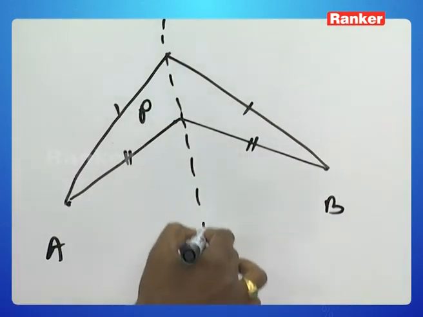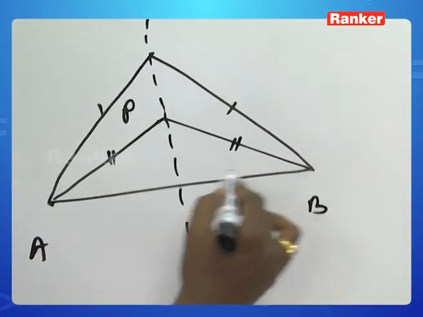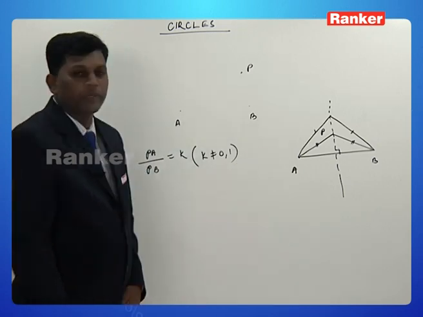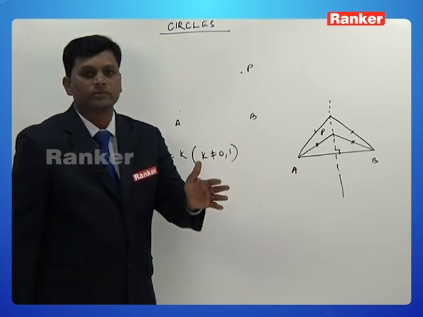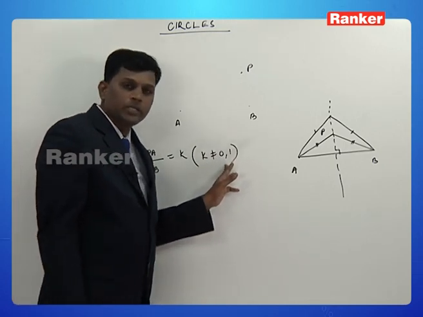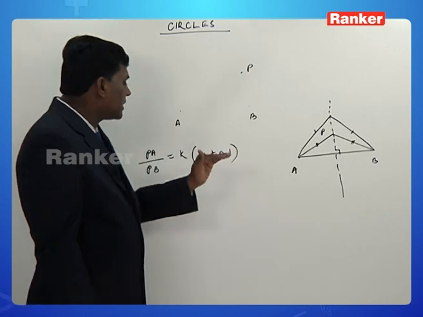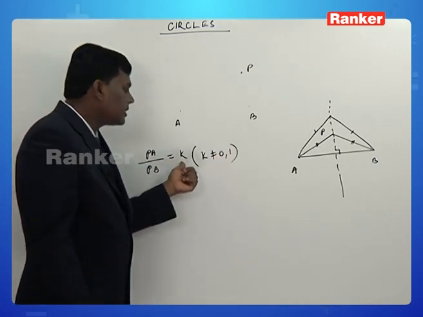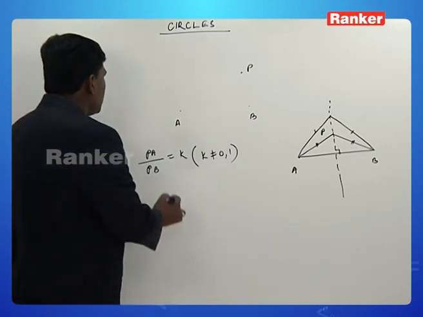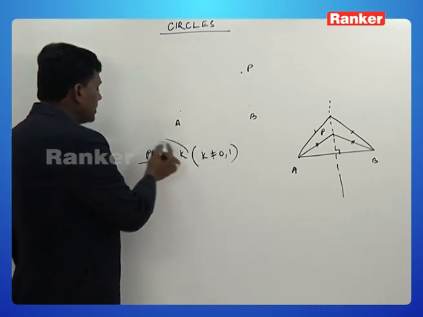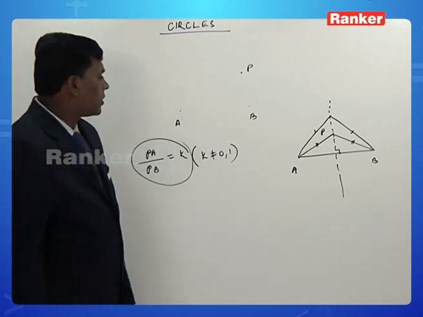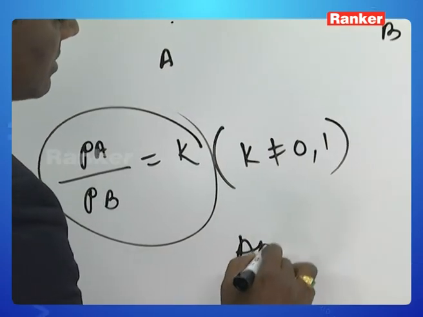If you join all such points, the locus will give you the perpendicular bisector of the given 2 points A and B, which is not a circle. So, leaving these two special cases k not equal to 0 and 1, for any other case, if you are taking k any real number other than 0 and 1, the locus of P in such cases will always represent a circle, which is called the Apollonius circle.